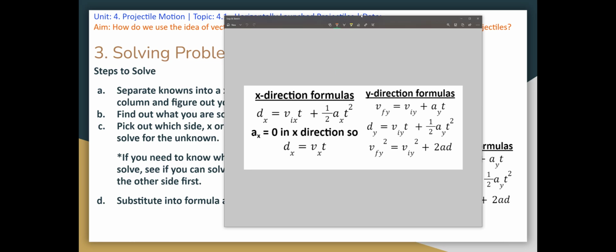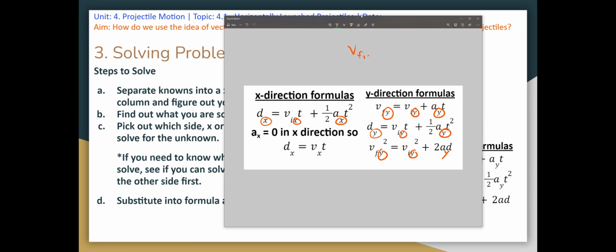Now, when we do these formulas right here, we never mix them. We never mix x and y. You'll see that on these formulas here, these all have the y notation within. And you'll see on the x side, there's always an x here. We can never mix these variables.